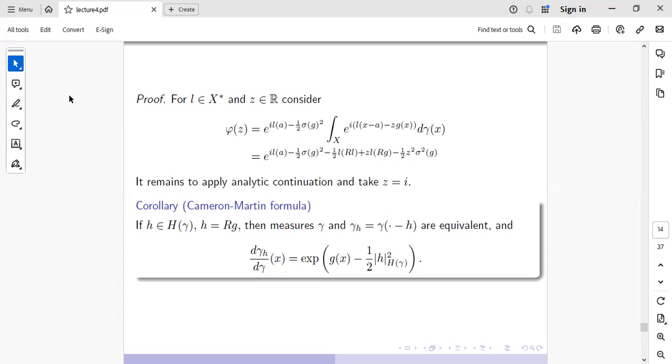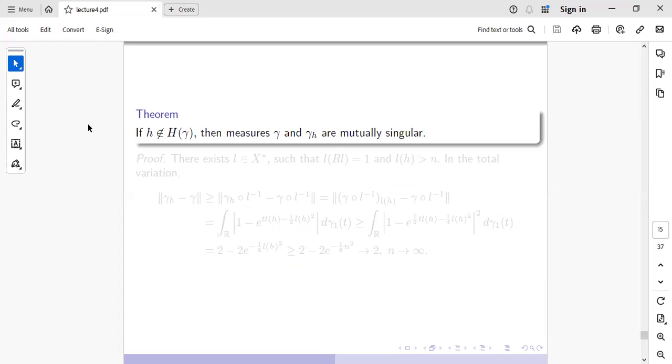The density is the exponent of the function g that corresponds to h, minus 1/2 the squared norm of h.